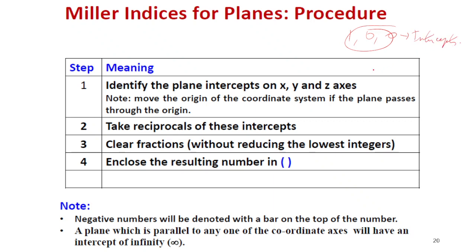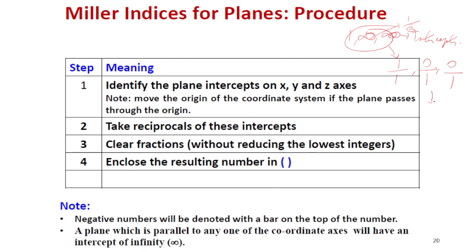Usually it won't be 1 0 0; it will be like 1, infinity, infinity. Then we should take the reciprocal: 1 by 1, and what is the reciprocal of infinity? Infinity we know is 1 by 0, right? So the reciprocal of infinity is 0 by 1, and here also 0 by 1.